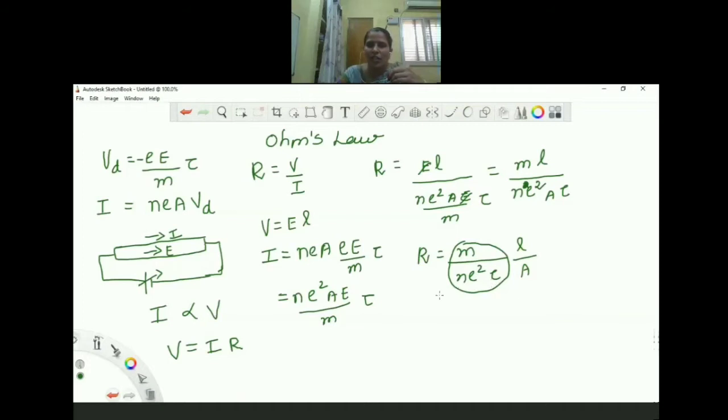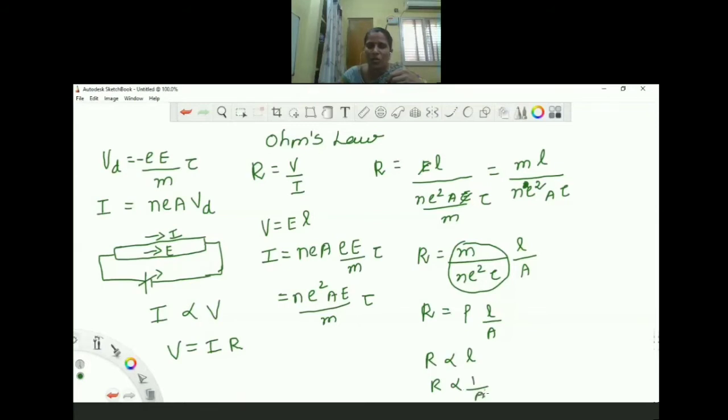So can we replace all these by a new quantity, that is resistivity? This is the constant term. R equals rho into L by A. If rho is constant, then R is directly proportional to L and R is inversely proportional to A.